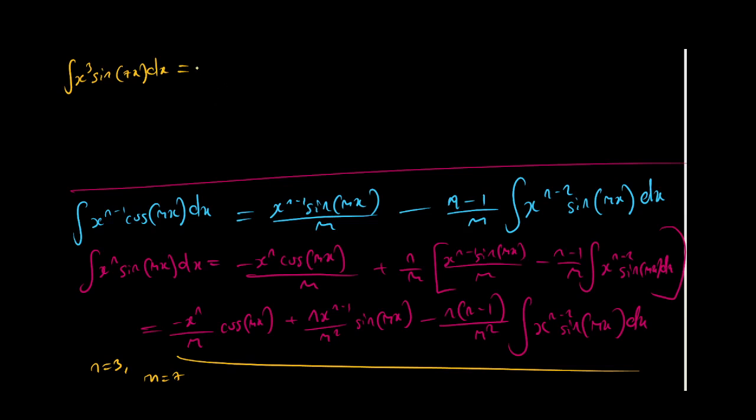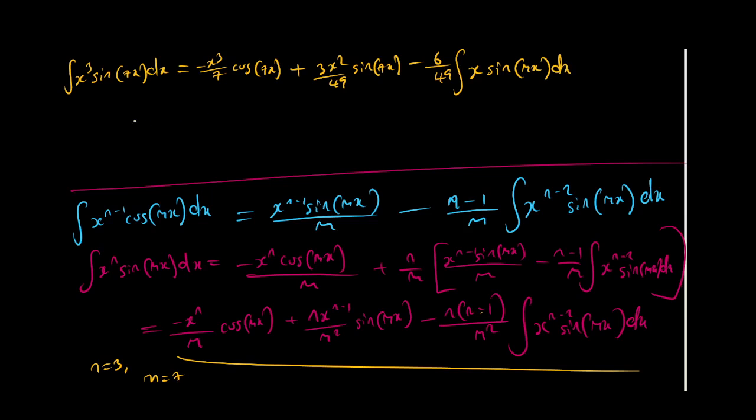So we have negative x^3 all divided by 7 times the cosine of 7x, plus 3x^2 all divided by 49 times the sine of 7x, minus 3 times 2, that is 6 over 49, times the integral of x. Since n is 3, 3 minus 2 is 1, so that would be sin(mx) dx.